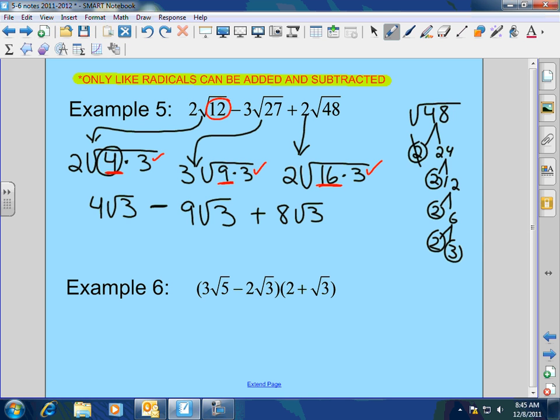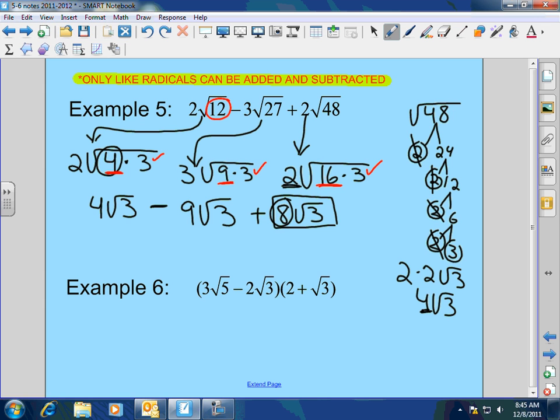So I have a 2 and a 2, which comes out as a 2, a 2 and a 2, which comes out as a 2, and I have a leftover of radical 3, so that's 4 radical 3, and that's how I got this answer over here of 8 radical 3, because 2 times the 4 gave me 8.